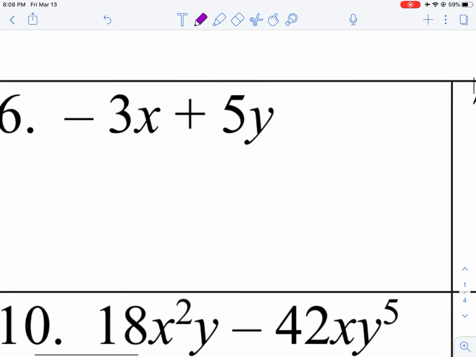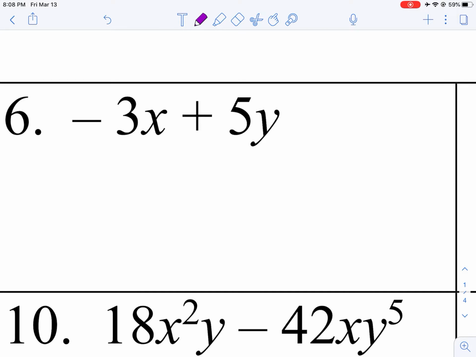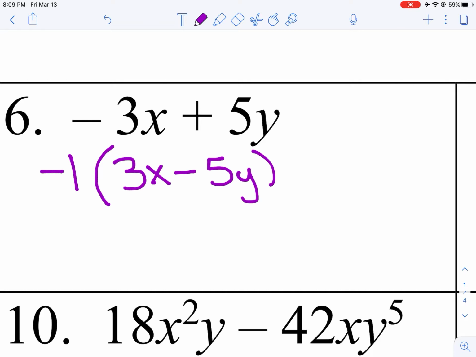So what number do they have in common? They only have 1 in common, but I need to take out the negative. So I'm going to take out a negative 1. And when I do that, I'm left over with 3x minus 5. Because if I was to multiply the negative 1 through, I would then get the negative 3x plus 5.